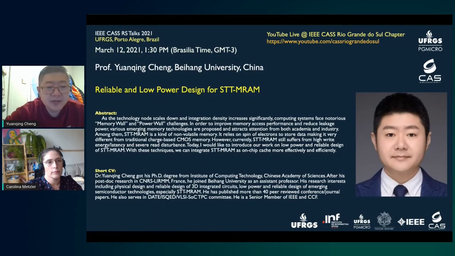For example, in my work, I used the MTJ model developed by Purdue University, but in their model, they only capture the basic working mechanism of the MTJ. I have to add the thermal effect into this model and calibrate the model with the real data measurements of the prototype.